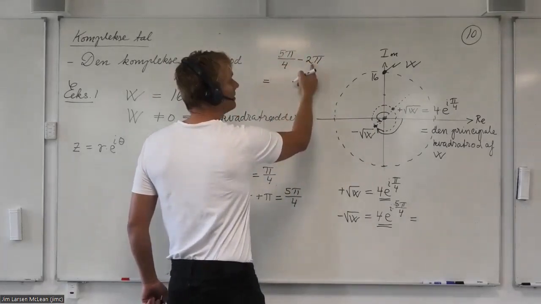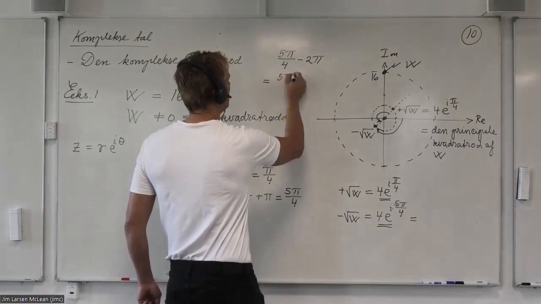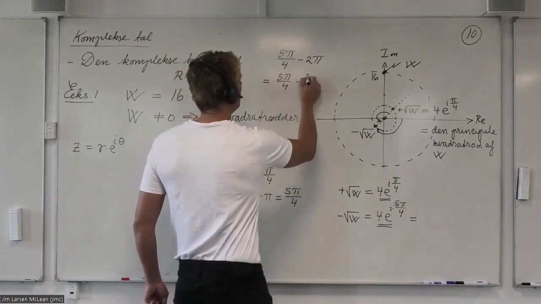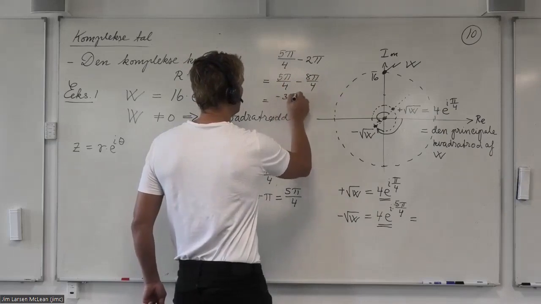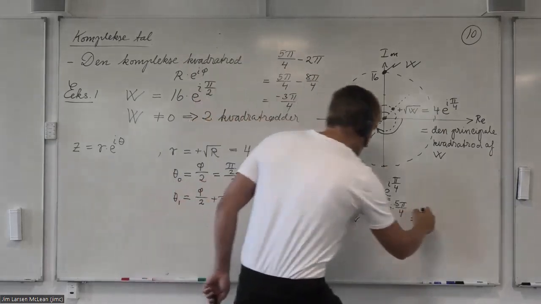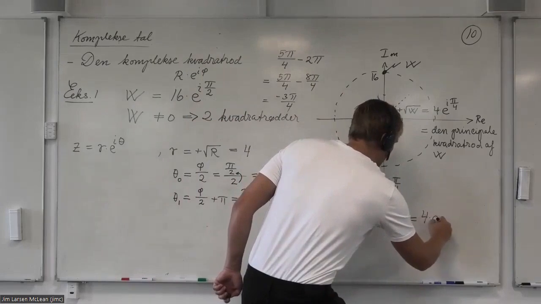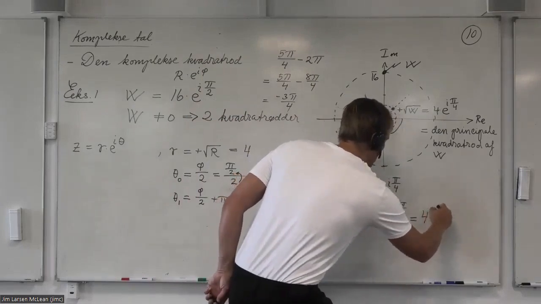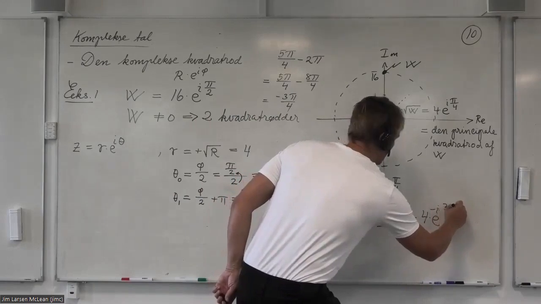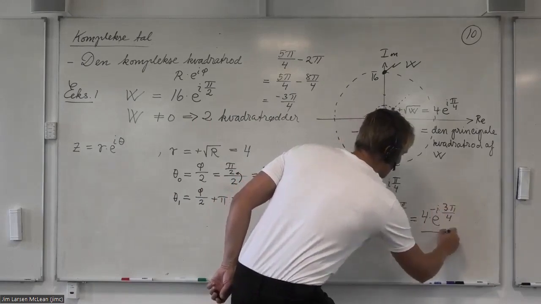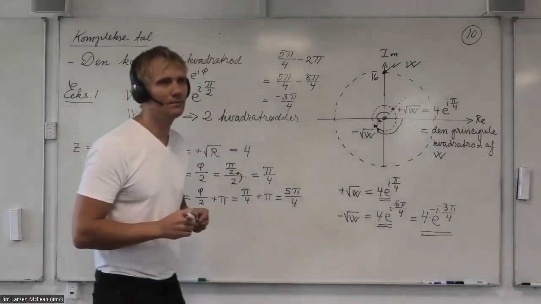I'll rewrite it in quarters. So 5 pi quarters minus 8 pi quarters. That makes negative 3 pi over 4. So this can also be written as 4 times e to the power of i times negative 3 pi over 4. And this is written with the main argument.